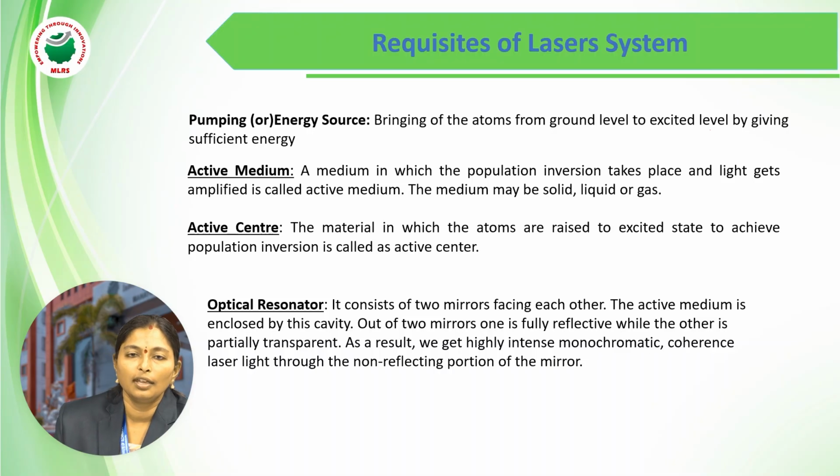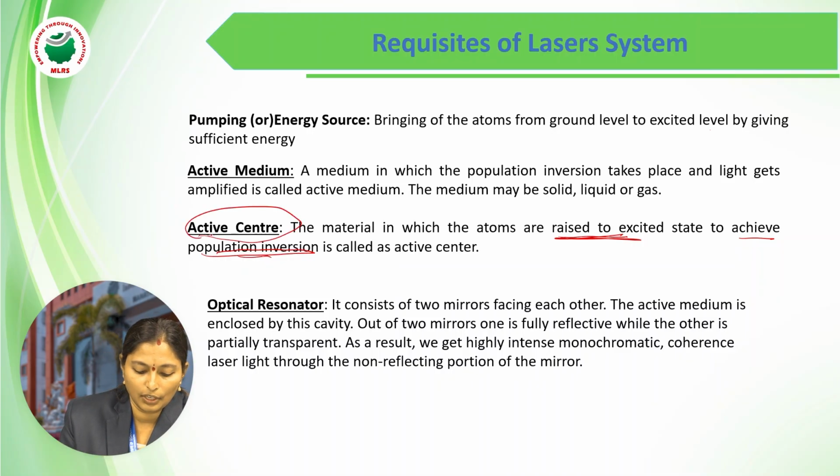So here we need pumping, and next we need population inversion. In order to get the population inversion, we need the pumping. The medium or centers where the atoms are raised to the excited state, we call active centers.